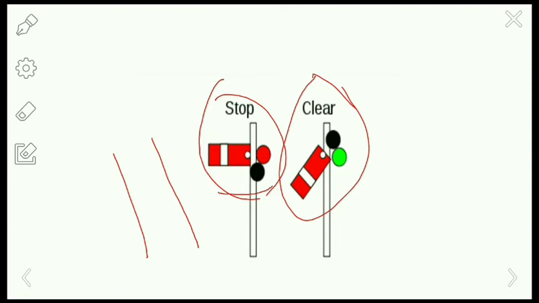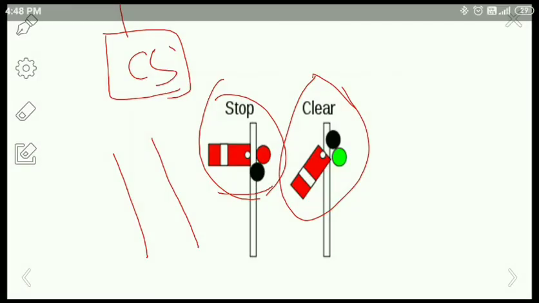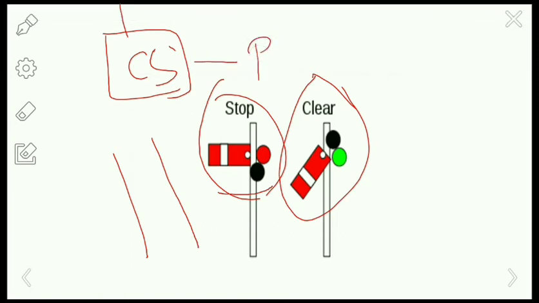Now it has changed. Similarly, you can compare this with semaphores in operating system solutions. In semaphores also, the critical section is occupied by only one process at a time. Similarly, in railway signaling, the track is occupied by only one train at a time.